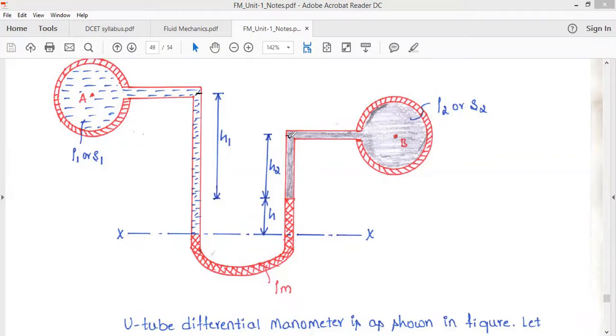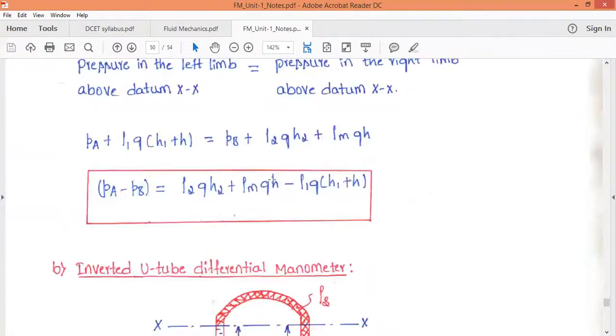Till this point the pressure is PB. Then moving in the downward direction, plus rho 2 g h2. Again moving in the downward direction, plus rho m g h. See here, we have PA plus rho 1 g (h1 plus h) is equal to PB plus rho 2 g h2 plus rho m g h. Likewise we can measure the difference in pressure between the two points.